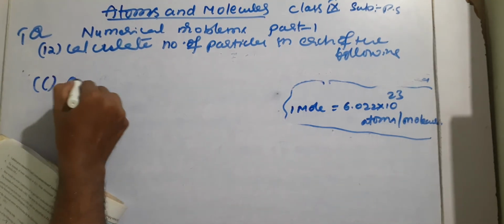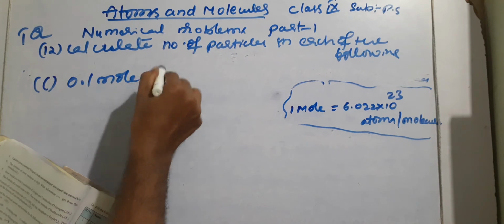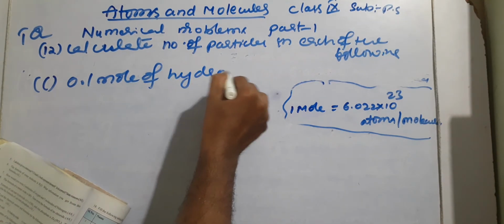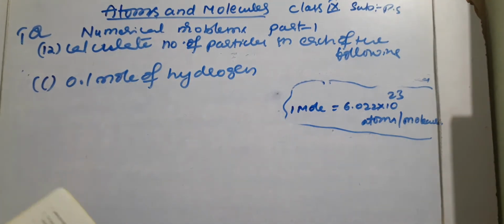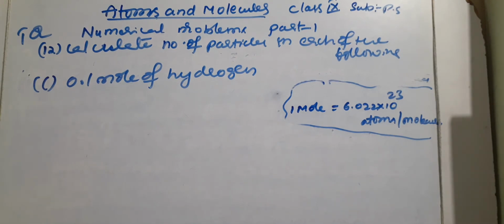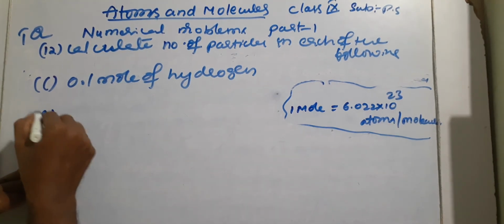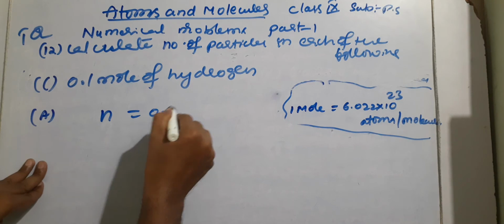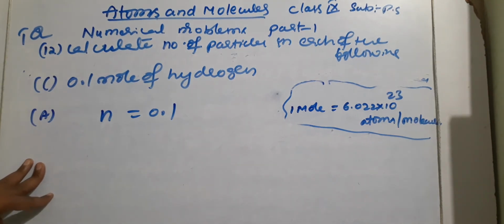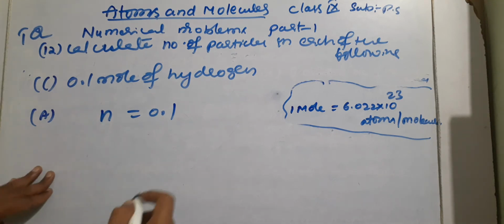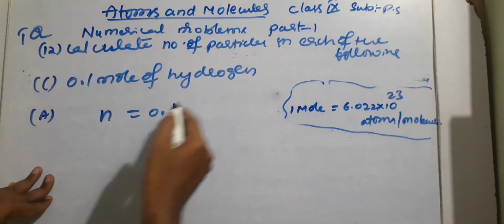Problem number C: 0.1 mole of hydrogen is given. But hydrogen molecules are not given. Hydrogen given means we want to take hydrogen atoms. So directly given here, the number of moles n is 0.1. So how many particles does this have?